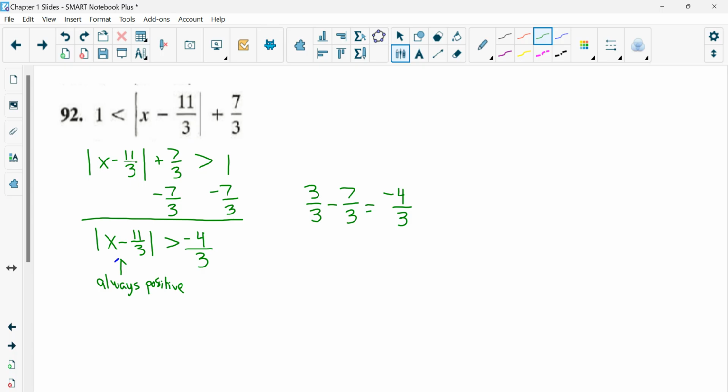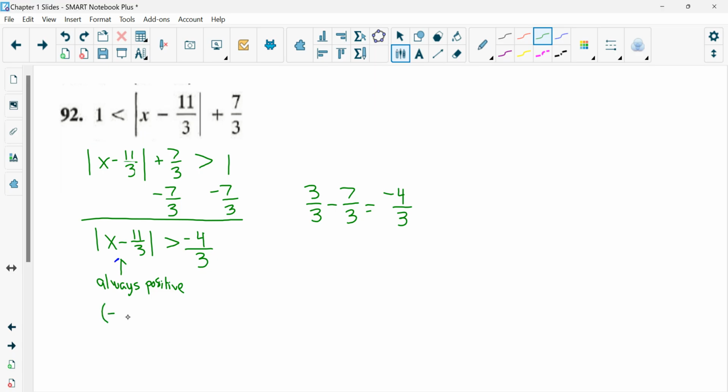So is a positive number always going to be greater than a negative number? Yeah. So can we put any number in for x, or does it have to be a special x that's going to work here? It could be anything, right? I can put any number in for x, subtract 11/3, and I'm taking the absolute value of it. It's going to be greater than any negative number. So our answer for this one would be all real numbers.